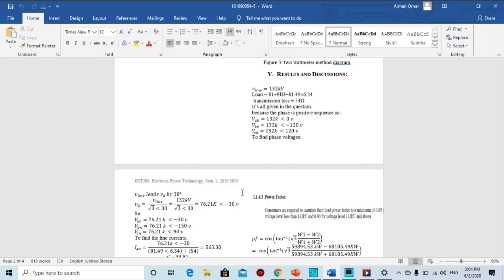For VAN, VBN, VCN, it will be the same in magnitude, just the angle changes. For VAN the angle is minus 30, for VBN the angle will be minus 150, and for VCN the angle will be 90.